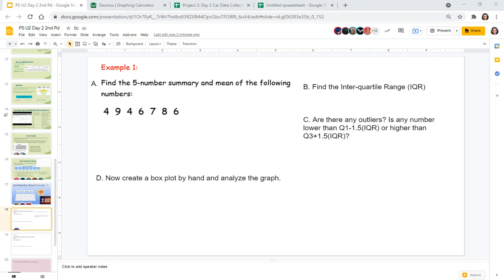Maybelline, is your computer working all right? Good. Everybody has a piece of paper from me, right? Okay.